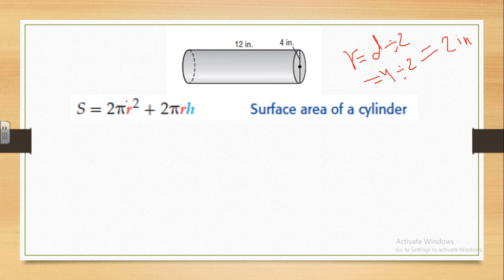Okay, so let's replace each one of that with the number. So that will equal 2 pi, and the pi is 3.14, times the r here is 2, so that will be 2 power 2, plus 2 pi times 2 times 12.